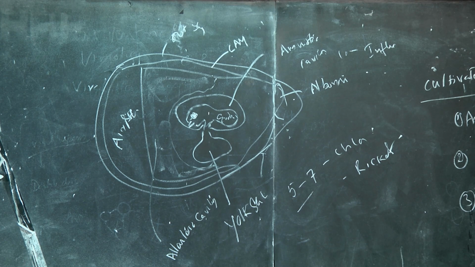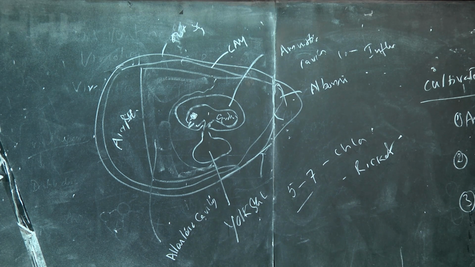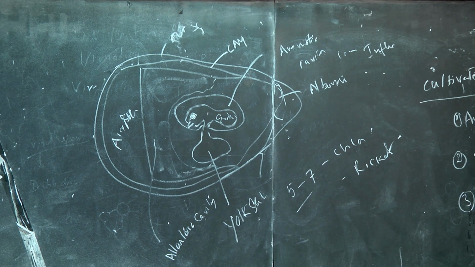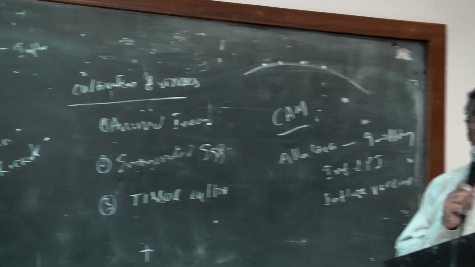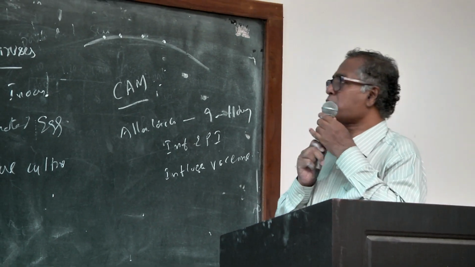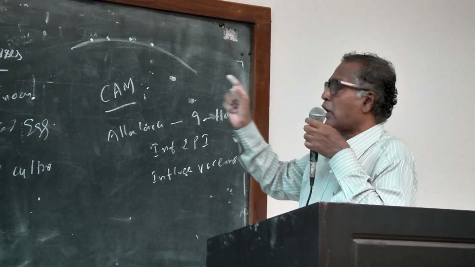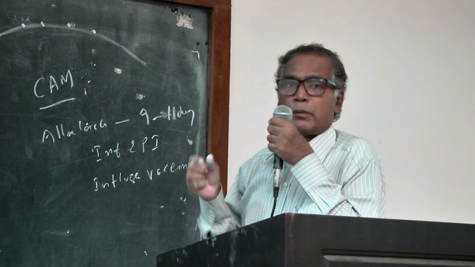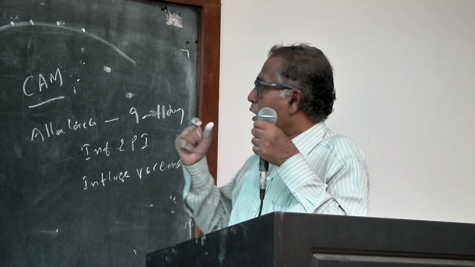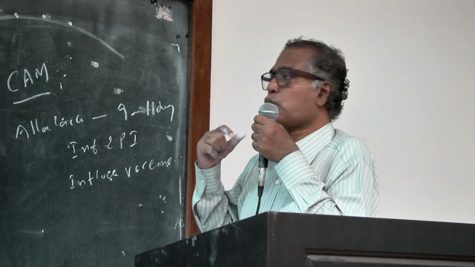Either a hen's egg or, even better, a duck egg is useful because of its large space. We can use it for the development of rabies vaccine or the 17D yellow fever vaccine. So the embryonated egg helps for the cultivation of viruses, that is for primary isolation, and also for the development of vaccines.